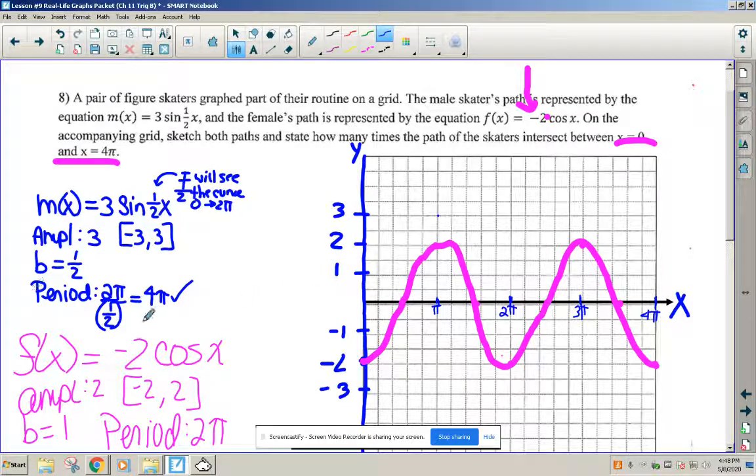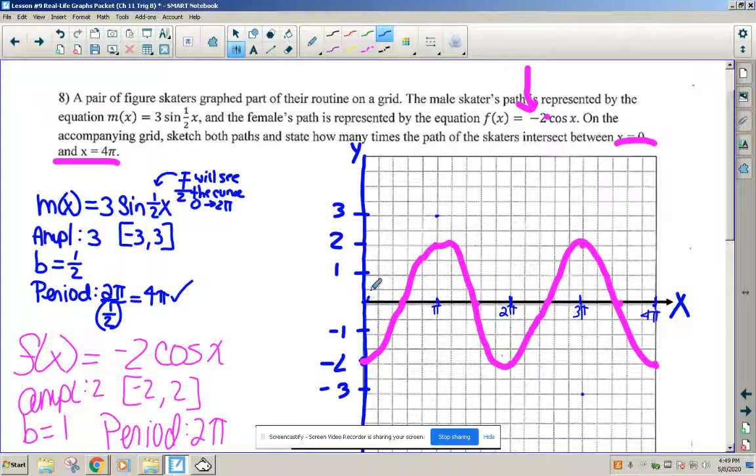That's why I needed to go out to 4 pi, because if I find the period, 2 pi divided by the frequency, I get 4 pi. So sine starts on the midpoint, on the midline, which now is 0 because there's no shift. Its highest point is 3, and then it's at 0. Its lowest point will be at -3, and then back to 0.